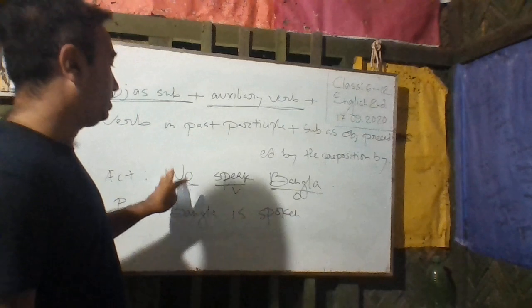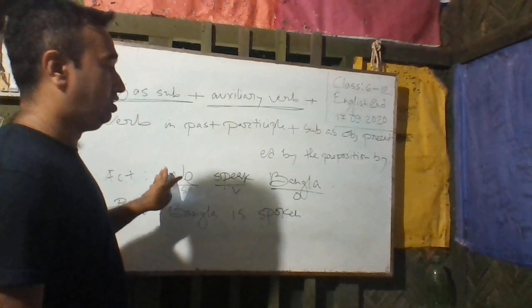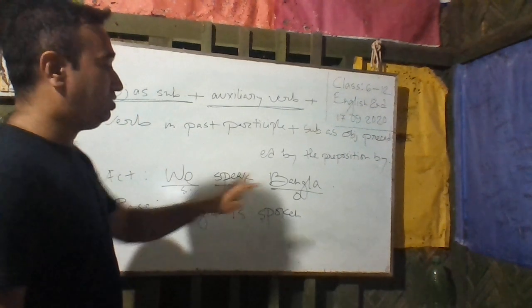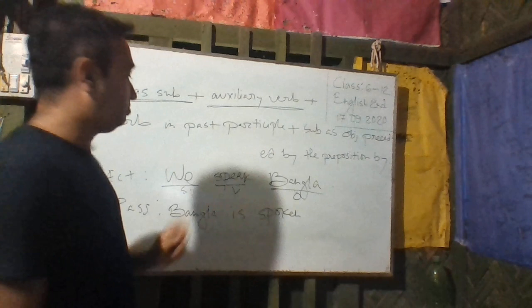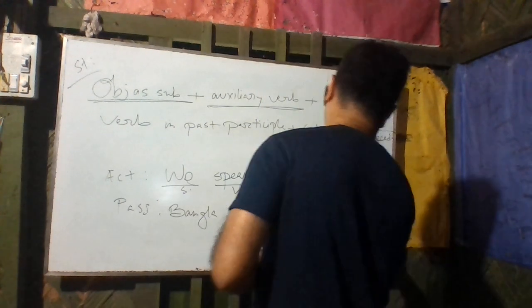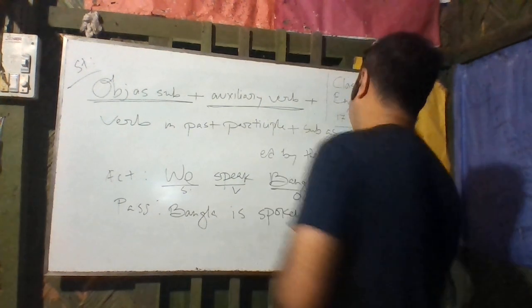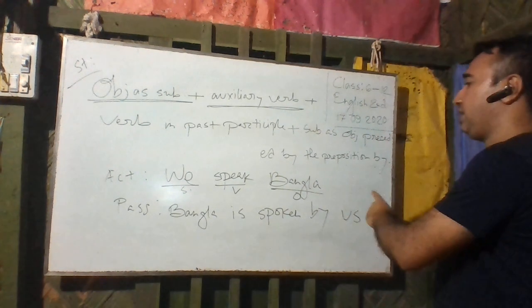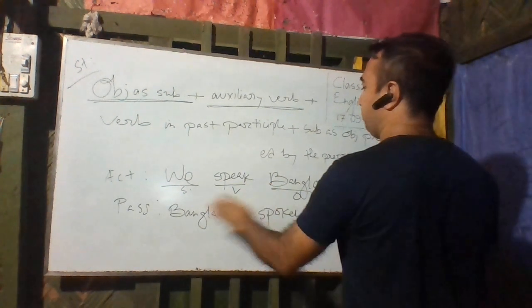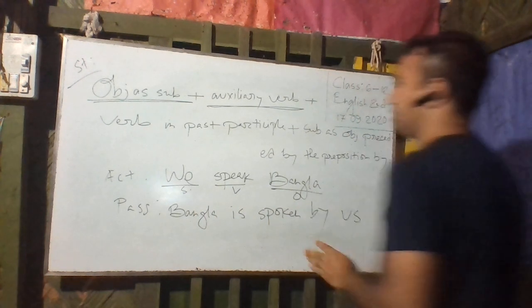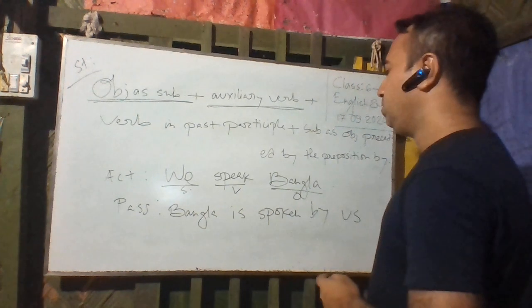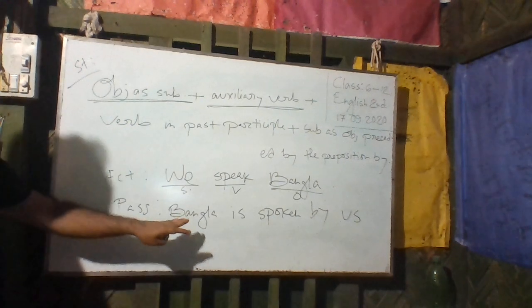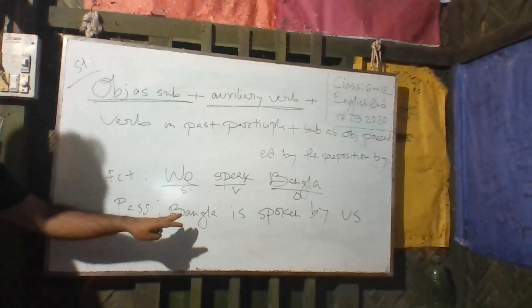Then the subject of the active sentence will be used as the object of the passive sentence, us. And before that you have to use the preposition by. So, Bangla is spoken by us. Active: we speak Bangla. Passive: Bangla is spoken by us. Look, I have used four steps here.